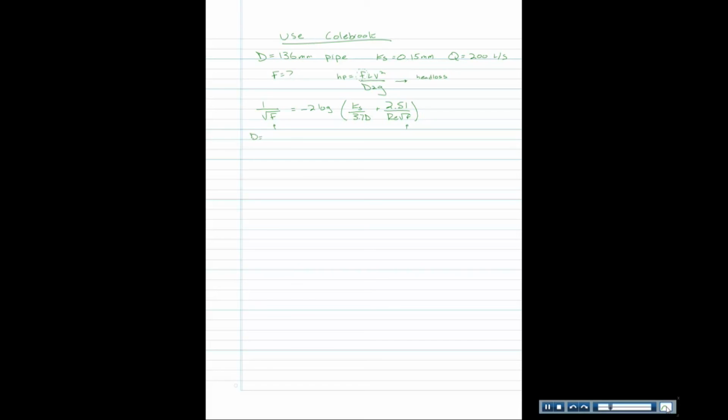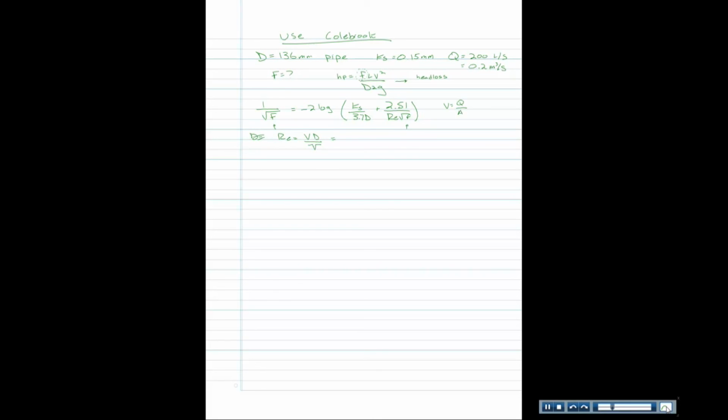The diameter of 136 millimeters, we've already specified that. The flow rate is 0.2 cubic meters per second if we convert from the liters to cubic meters. The Reynolds number, of course, is velocity times diameter divided by kinematic viscosity. And we want to find the velocity through the pipe.